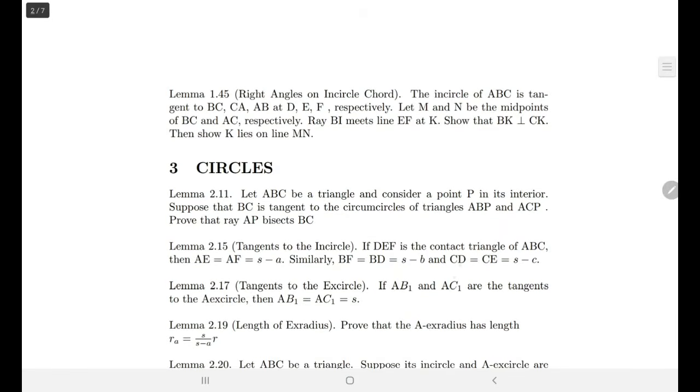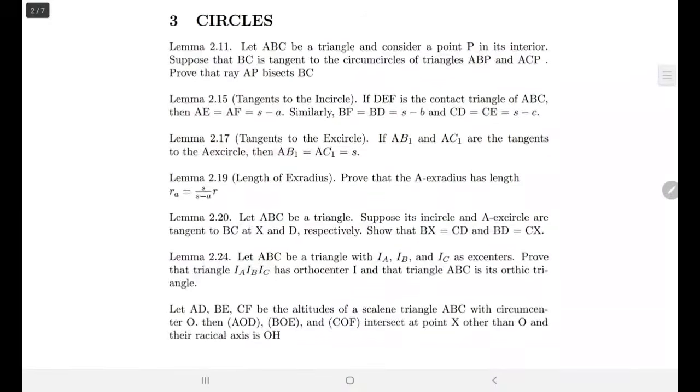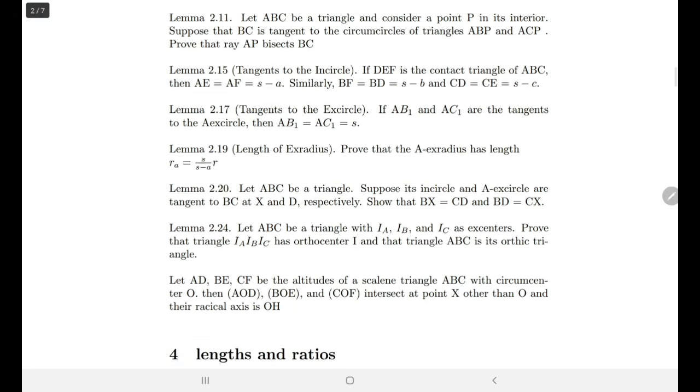You have the right angles on the incircle chord. So these are the angle tracing chapter theorems. You have also the circles one, anything related to the incircle and excircle. Make sure that you're really comfortable with the incircle and excircle, because we want to handle these in this chapter as well. Yeah, I think most of these are about that.